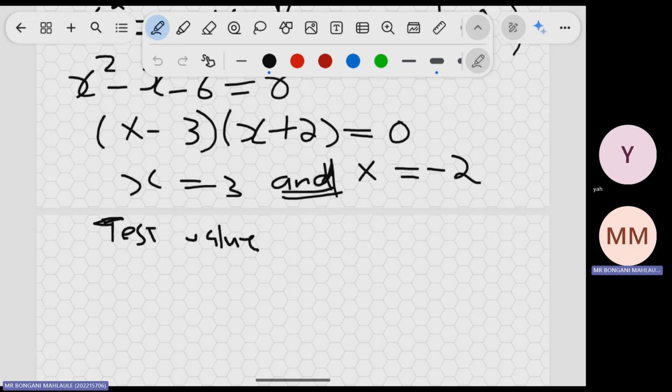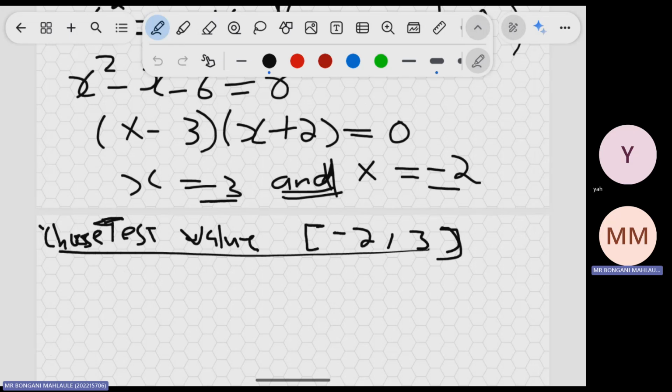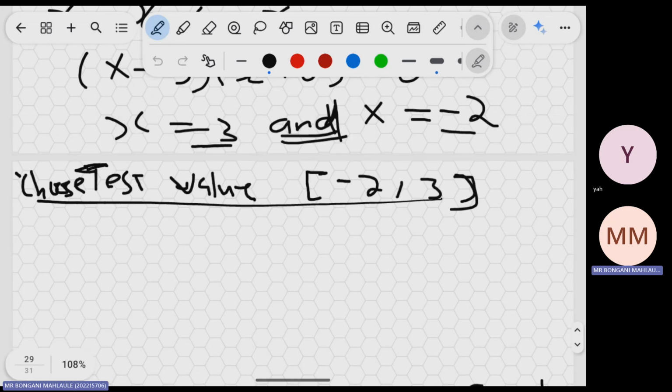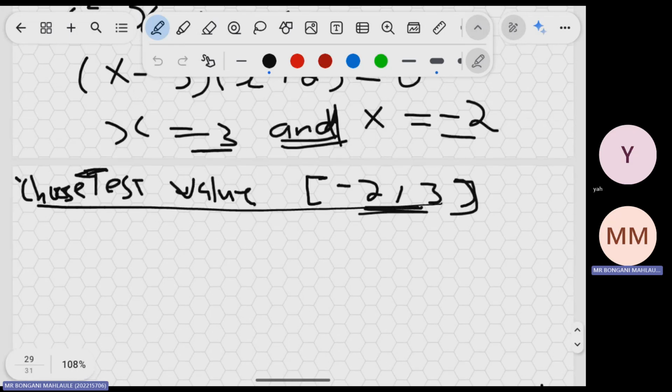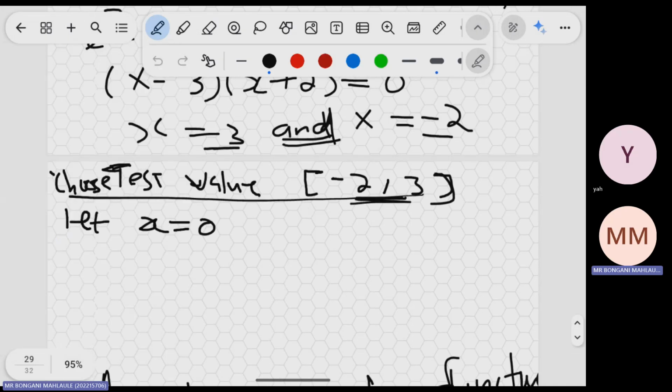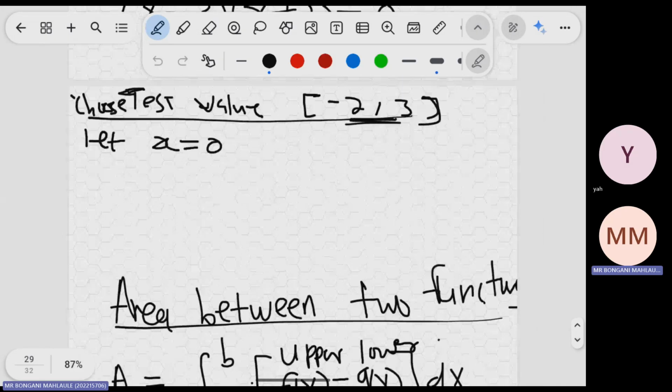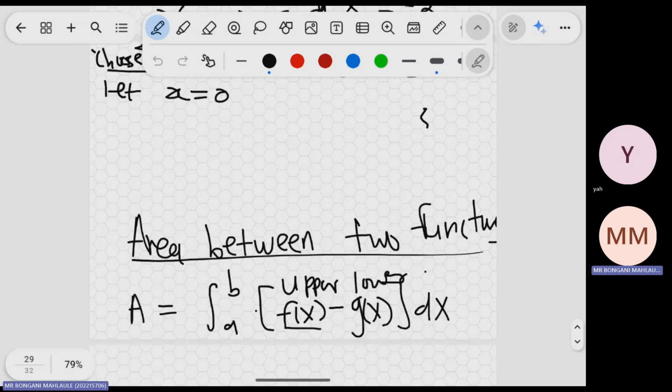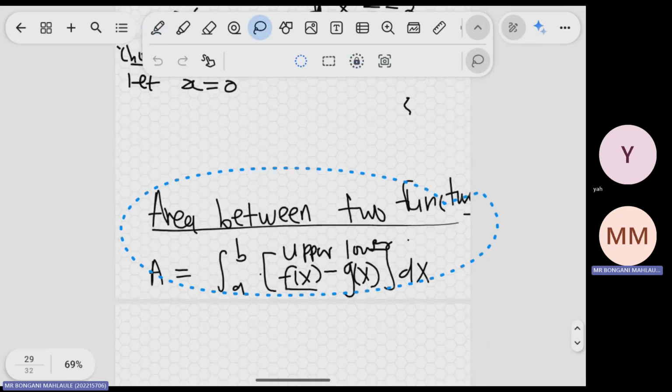The test value must lie between these two limits, between negative 2 and 3. So any value between negative 2 and 3. Let's say you choose x equal to 0, because these test values lie on the x-axis. Okay, let me take this to the next page.